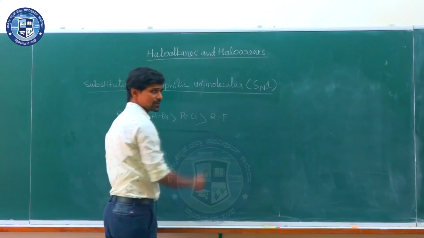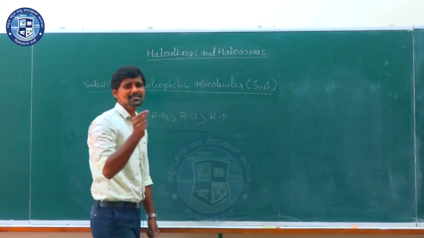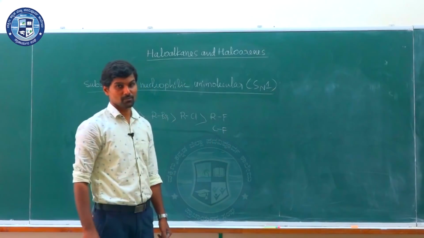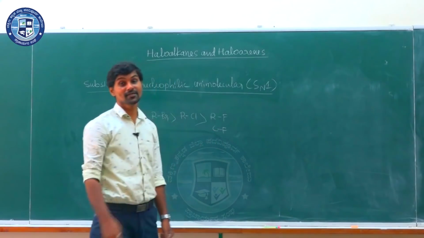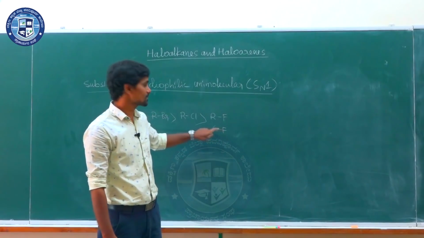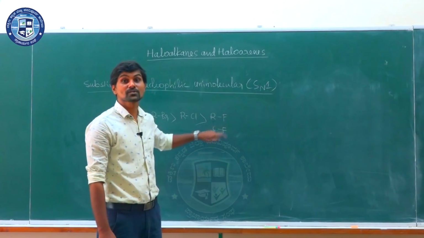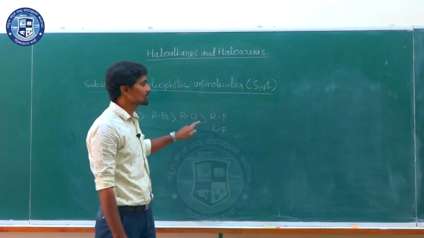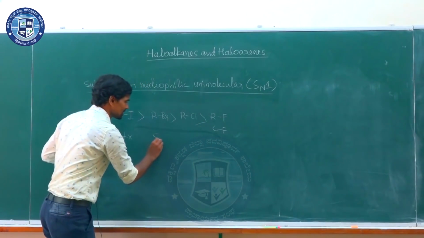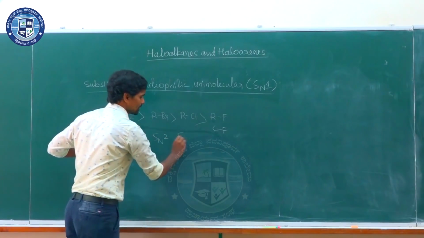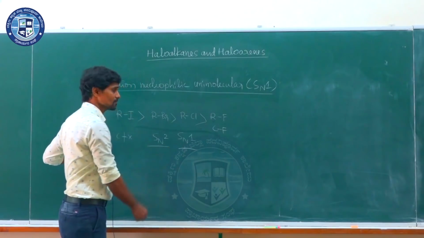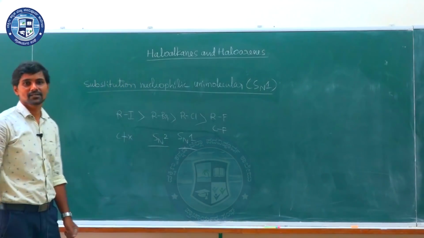In the case of alkyl fluoride, the bond length is very less, the CF bond is very short. Because of that reason, bond strength will be very high and it is difficult to break the carbon fluorine bond, and that is the reason alkyl fluoride shows less reactivity towards nucleophilic substitution reaction, and it is true for both SN2 mechanism and SN1 mechanism. For both SN2 and SN1 mechanism, this order of reactivity holds good.